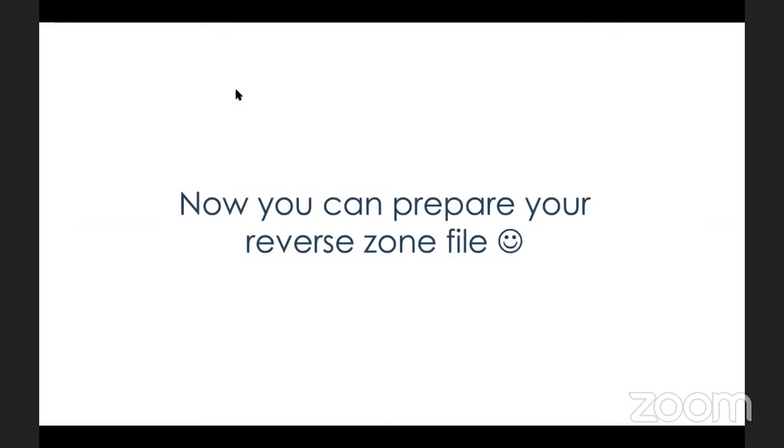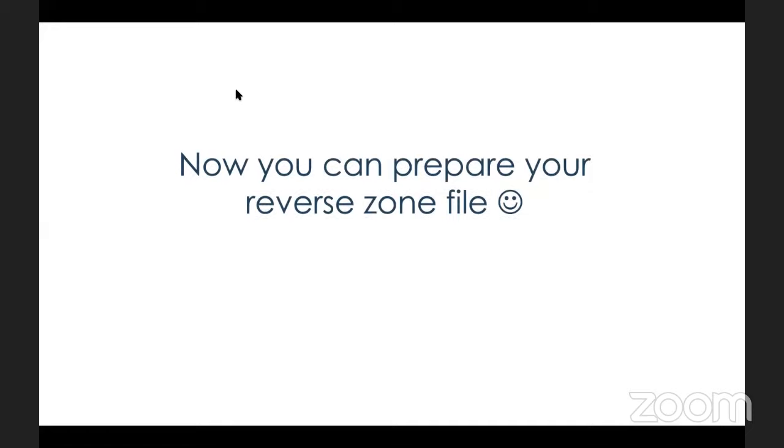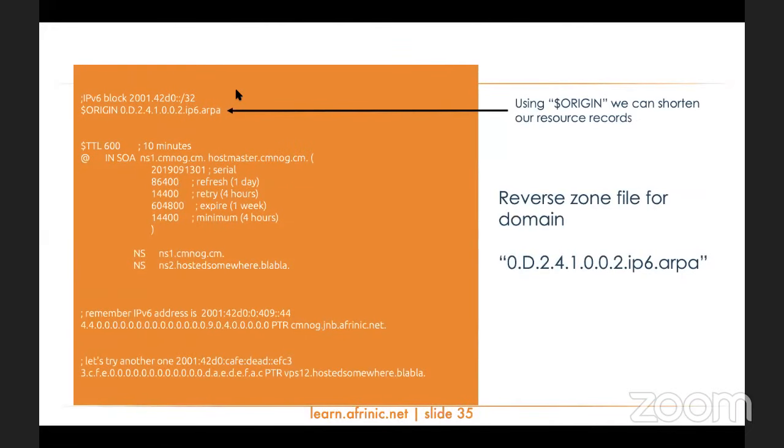Now you can prepare your reverse zone file. Let's do that. So for your reverse zone file, it's almost the same with just little difference with IPv4. In IPv6, we have a zone called IP6. The top level here is IP6.ARPA.